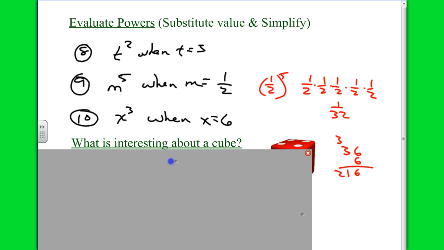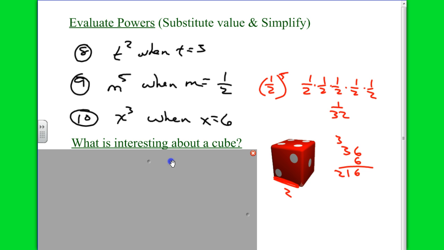And so what is interesting about a cube? A cube has 6 sides, he says, that's true. But a cube is different than a rectangular prism, right? Because in a cube, what can you say about every single side? I would put this down, you're going to need this in your assignment. All sides are equal. So if I tell you that this one side right here is 2, what do I know about every single edge there?